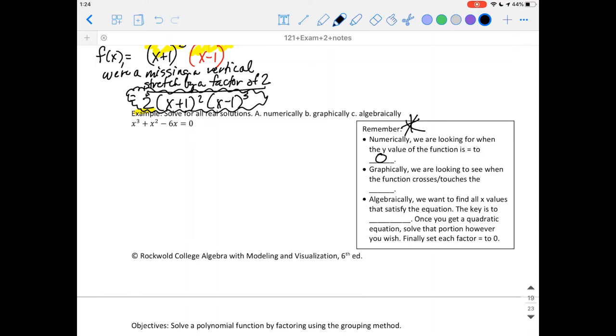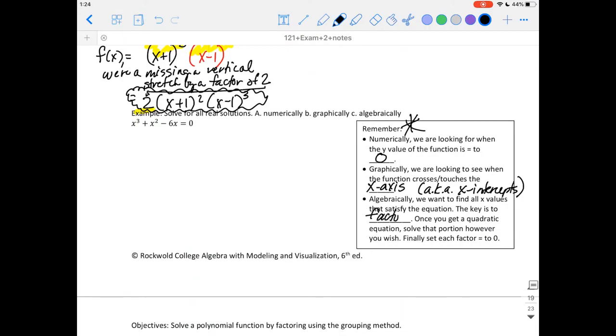Graphically, we are looking to see when the function crosses or touches the x-axis, aka the x-intercepts. Algebraically, we want to find all the x values that satisfy the equation.